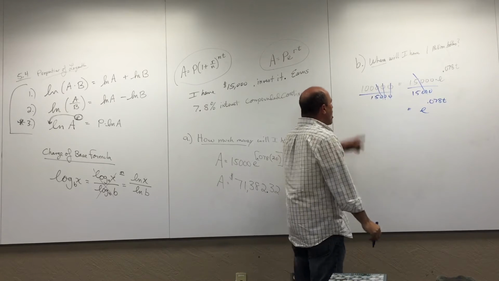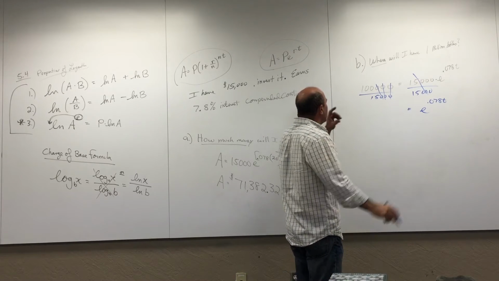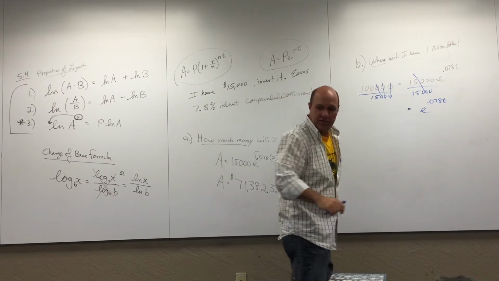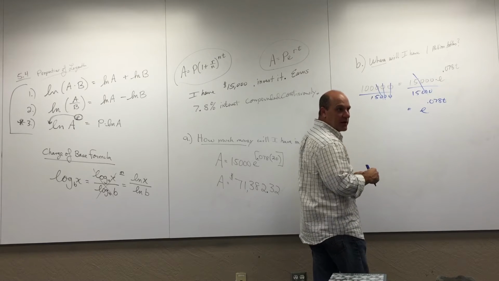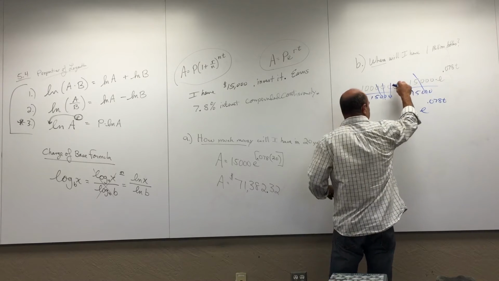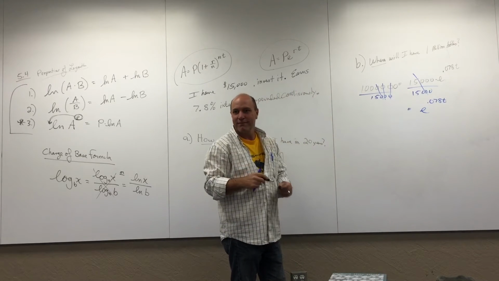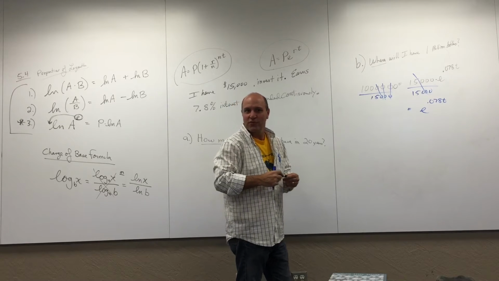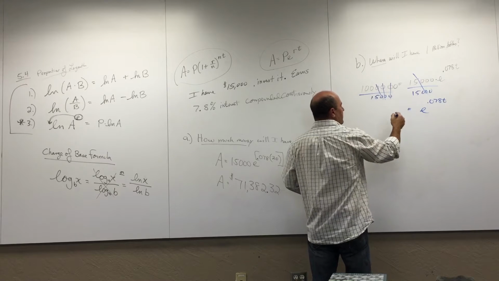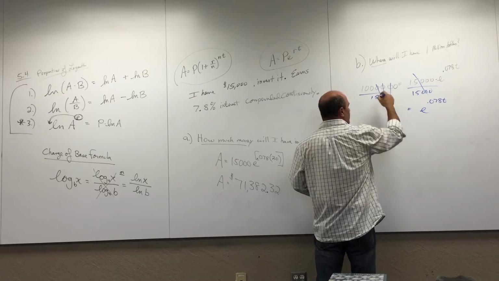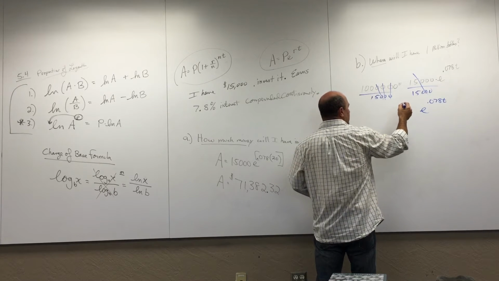That's 100 over 15, isn't it? Wait, whoa. I didn't have enough zeros. Hang on. When you write 1 million, make sure you write 1 million. You guys with me? I screwed up on my million there. So what do I got? 1,000 over 15. 1,000 over 15, you can divide that. What is 1,000 over 15?